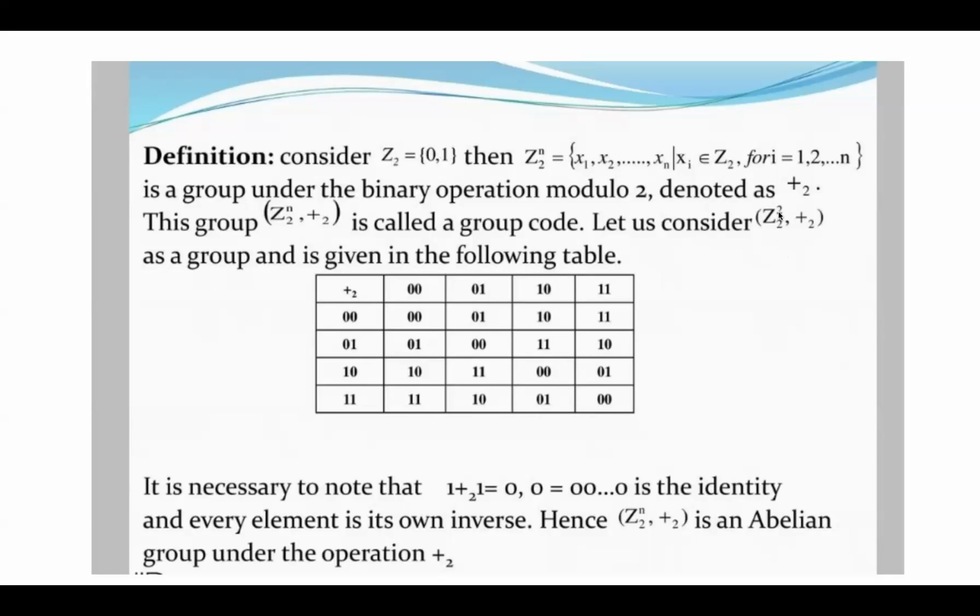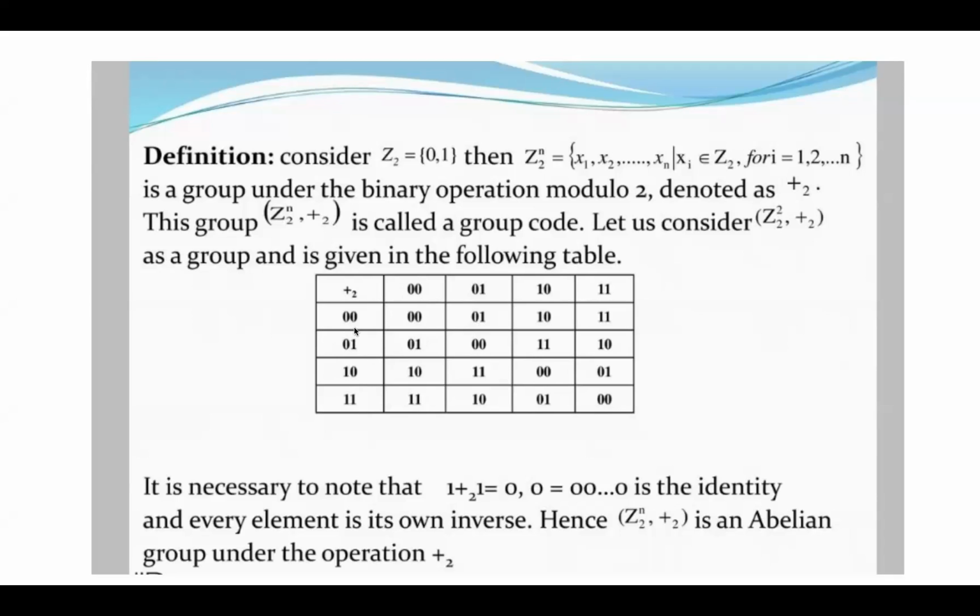So this capital Z square will have combinations of its elements in sequences of 2. Here we have taken the sequences of 2 in the combination 00, 01, 10, 11.